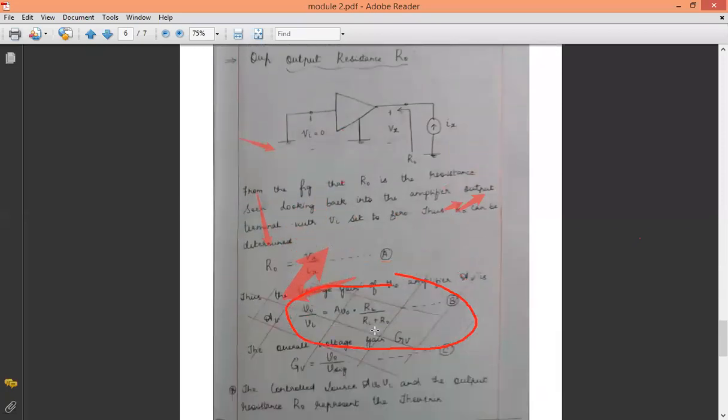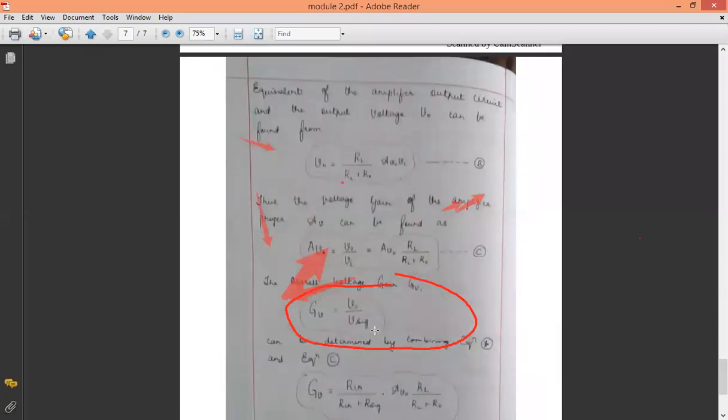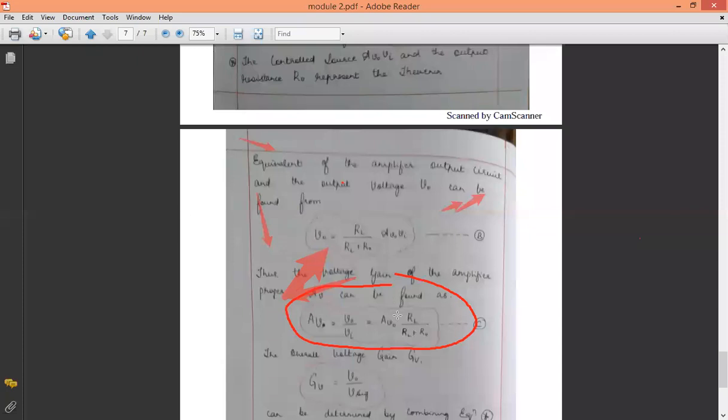AV0 into RL divided by RL plus R0. This is the output port gain. So GV is V0 by V signal. V0 by V signal is equal to, someone please write, V0 by V in.